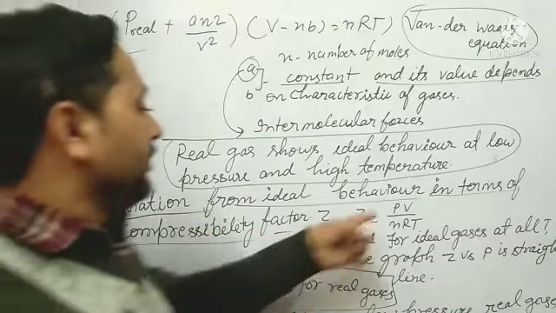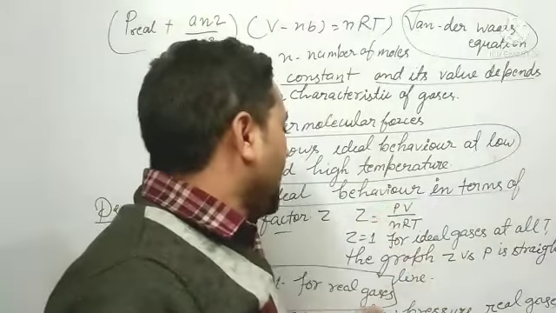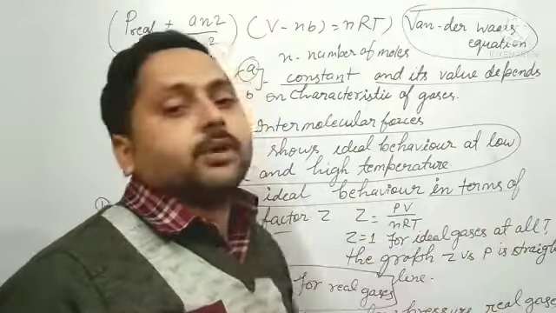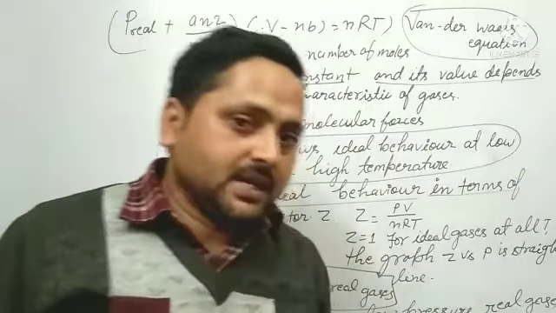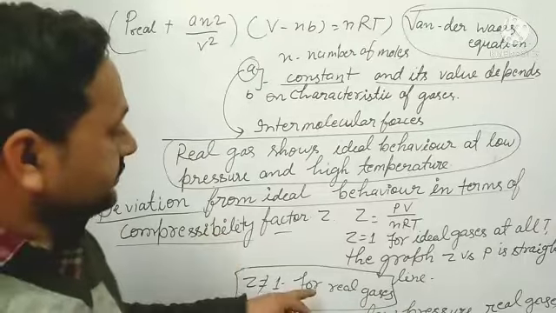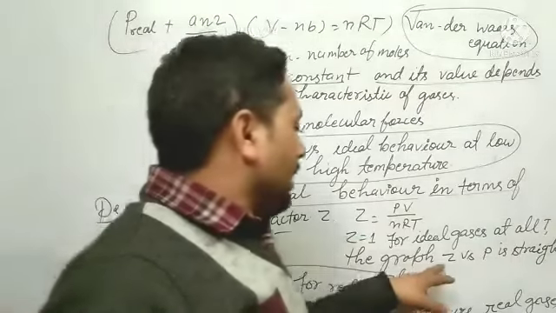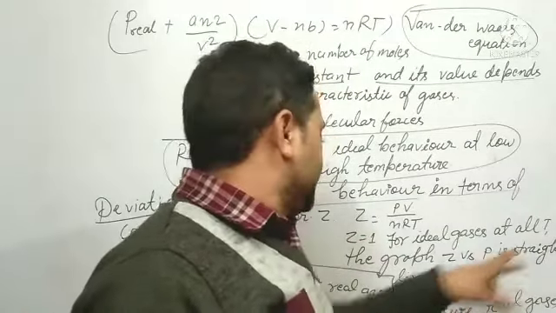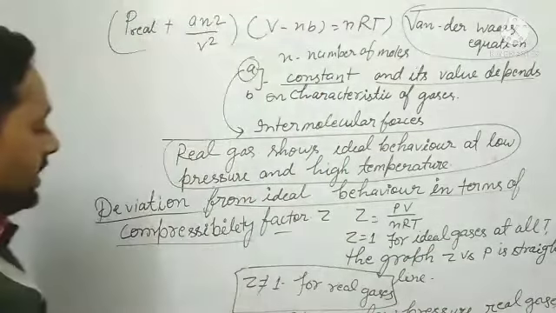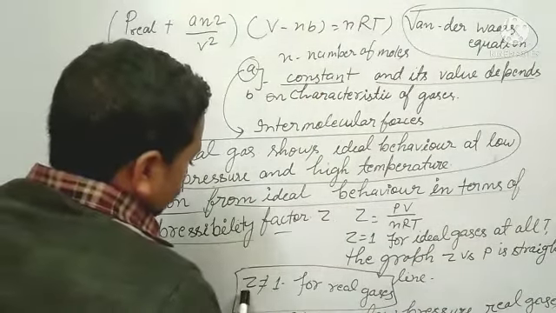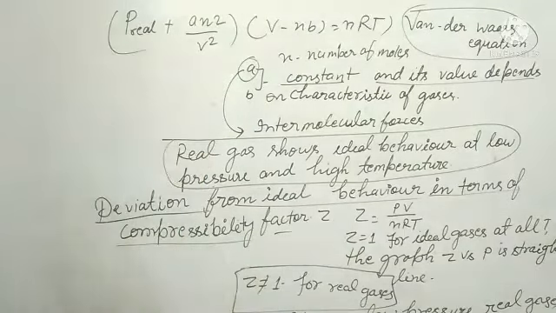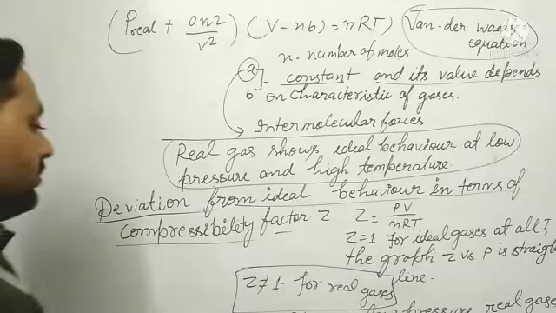Z equals PV upon nRT, and Z equals 1 for ideal gases at all temperatures and pressures. For ideal gases, the Z value is 1. The graph of Z versus P is a straight line for ideal gases. But for real gases, the Z value is not equal to 1.